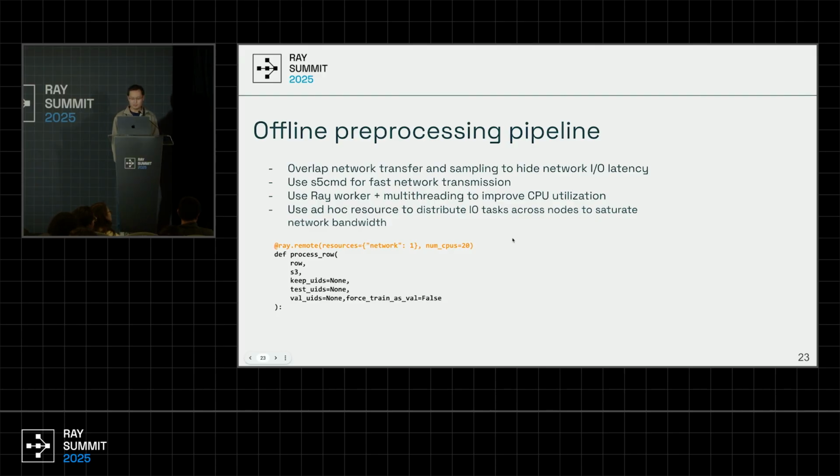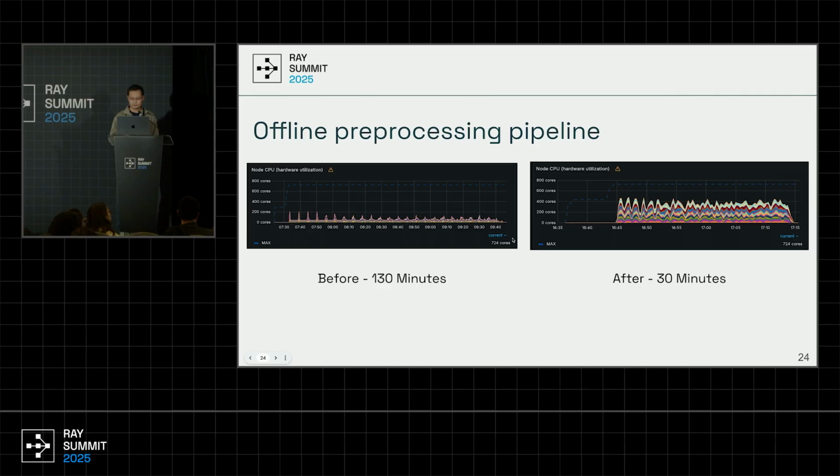Most importantly, we use Ray's ad hoc resource feature to control and balance these workloads on each node to achieve the best overlap. As a result, we successfully reduced the data processing time by almost 75% and achieved a much better resource utilization.